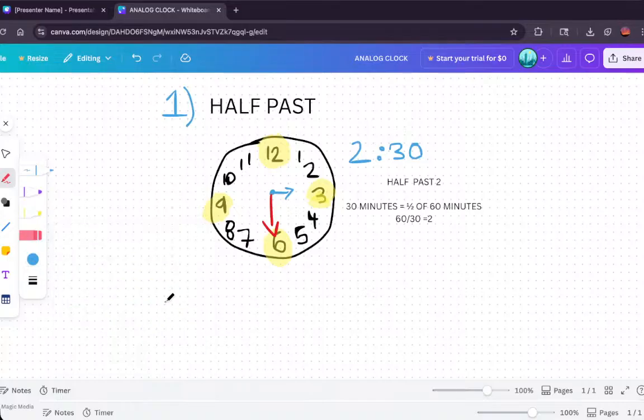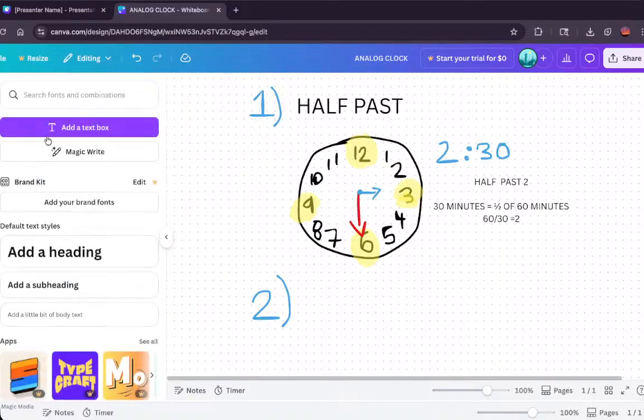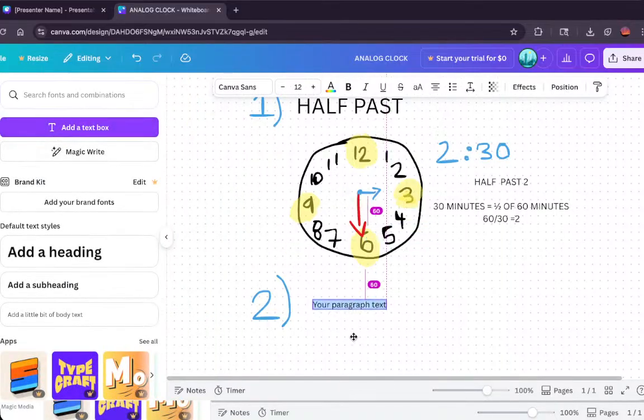The second phrase is called quarter past. This one is going to be a little bit confusing, so make sure you write these down clearly. That way you can refer to this in the future.